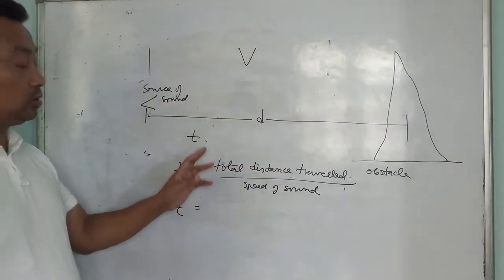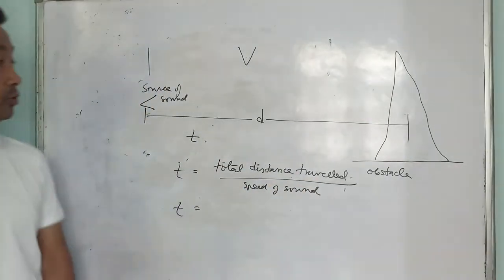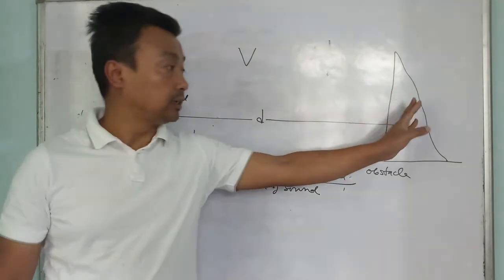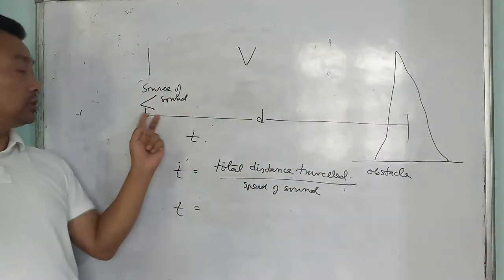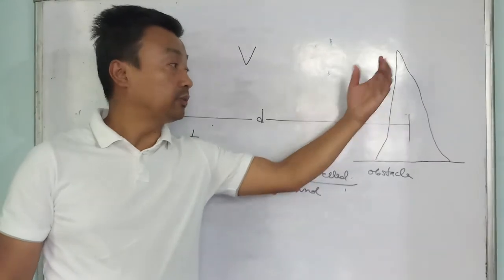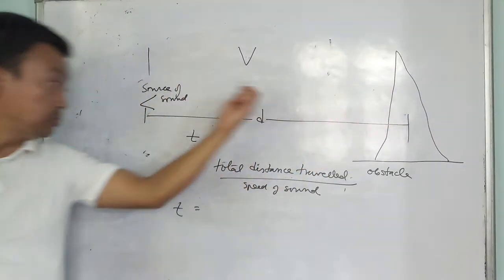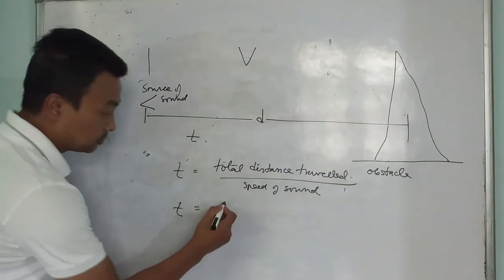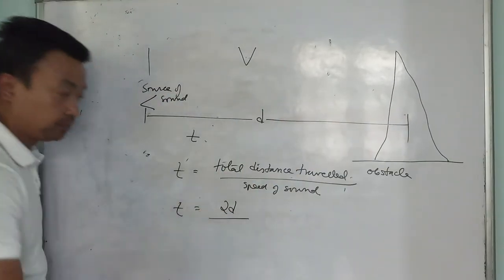What is the total distance traveled by the sound? The sound starts from here and hits the obstacle. The distance from here to here is small d. Again, after striking the obstacle, it comes back to the source. So it has traveled twice, which is 2 into d.